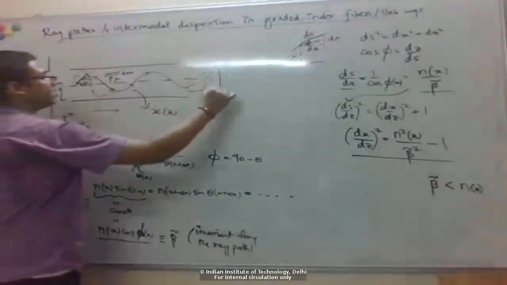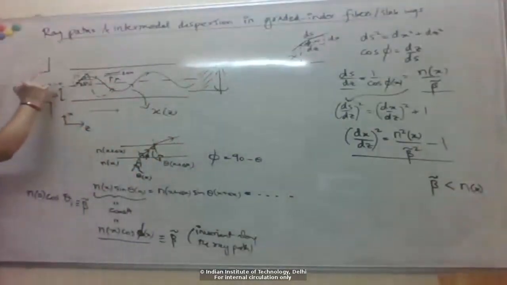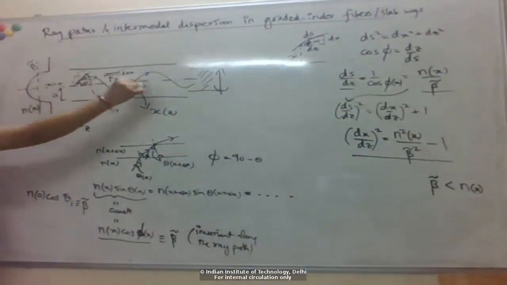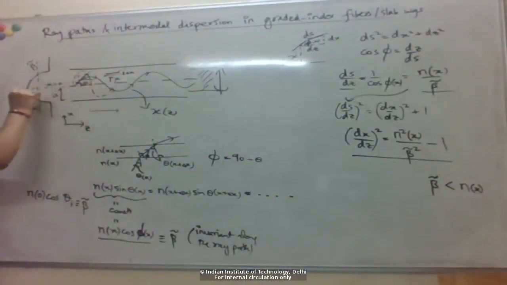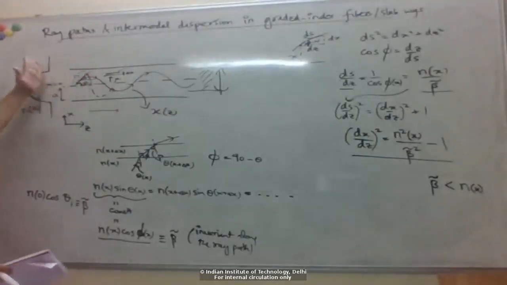So if I mark beta on this scale, beta tilde will be somewhere here, and in this region the refractive index is always greater than this beta, right? So as I am changing the launch angle, I am changing this beta, I am changing the extent over which the ray will go.